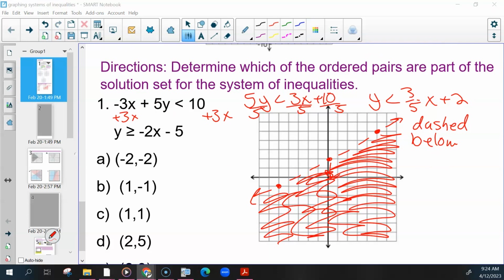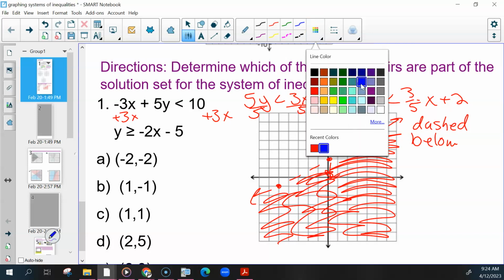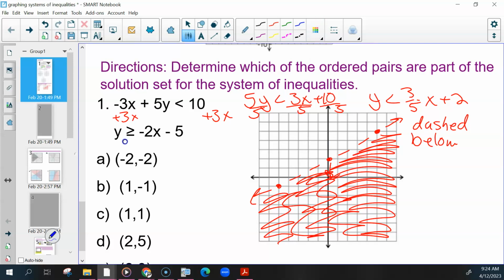And then we'll do the other one. I would use a different color. If you're just using the same pencil, try to make your shading look different, or maybe one darker. So this one, would this be dashed or solid? Solid. Shaded above or below?